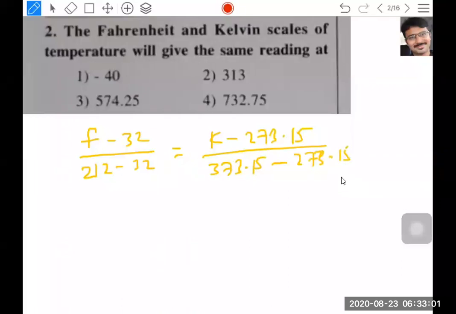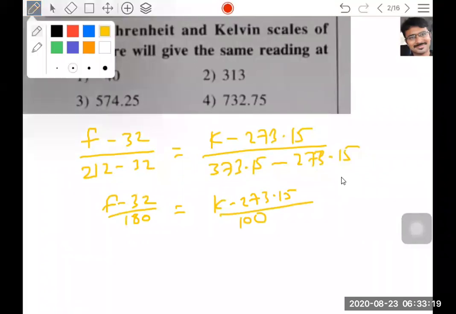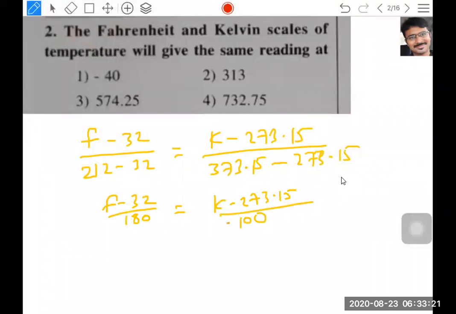So we have these two formulae here. Simplifying, we get F minus 32 by 180, and K minus 273.15 by 100, since 373.15 minus 273.15 is 100. Further simplification: this is 5 times, this is 9 times, with the 20: 5 twenties are 100, 9 twenties are 180.